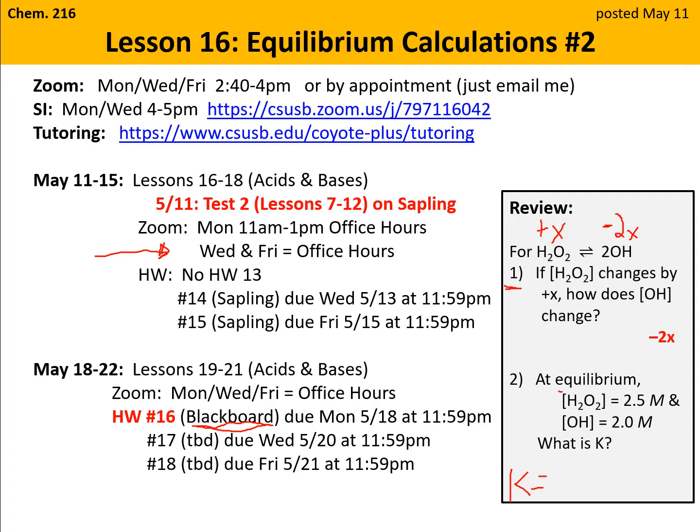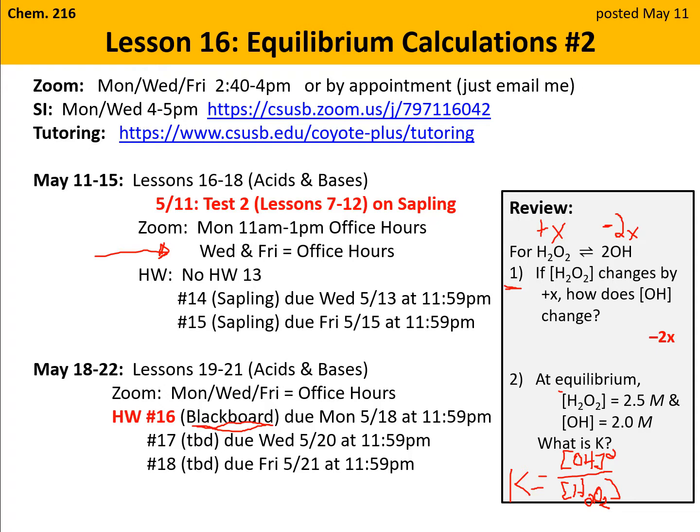Notice that this is OH squared over H2O2. Now, I should be honest, this is only if those are both gases. It doesn't say, but let's assume that they're both gases or both just aqueous.